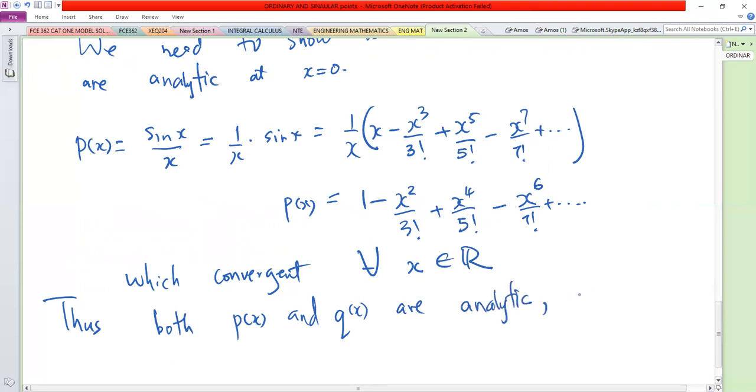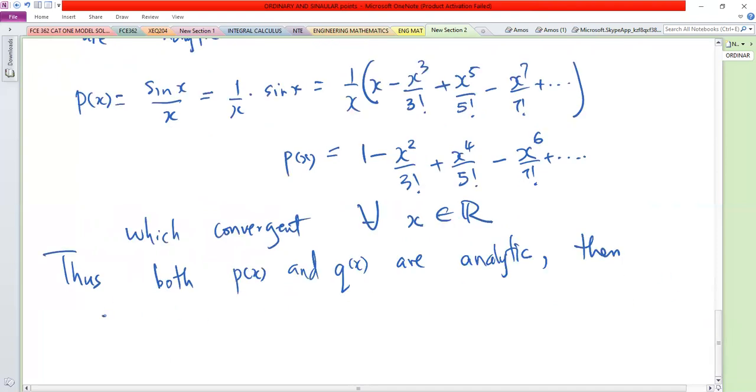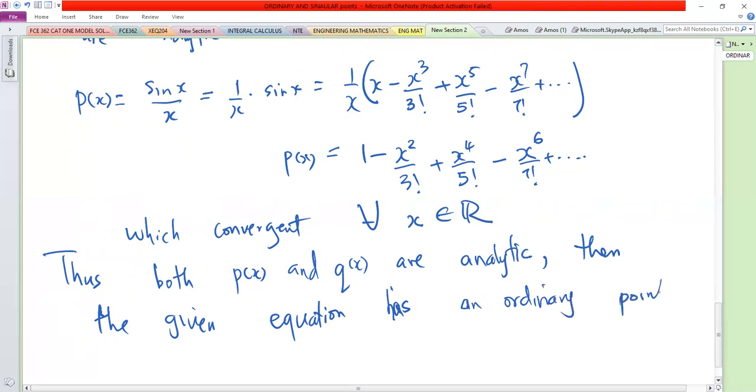So if they are analytic, then this shows that the given differential equation has an ordinary point about x equals 0.